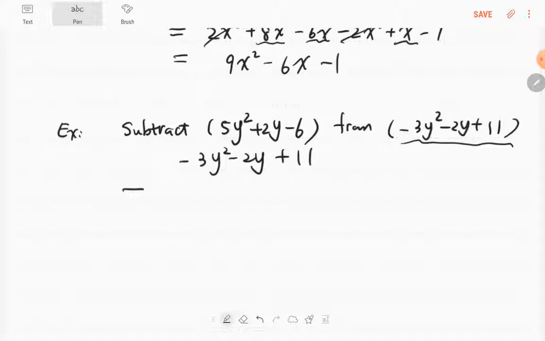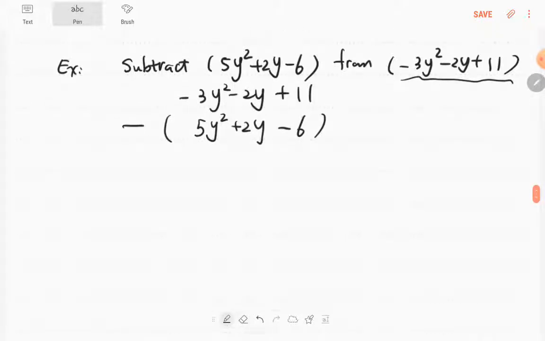But make sure, just like the addition, we still need to line up the like terms. So here we should write it this way. We will still put the parentheses here. So after that, just like we did in the horizontal format, we still need to transfer our subtraction to an addition.